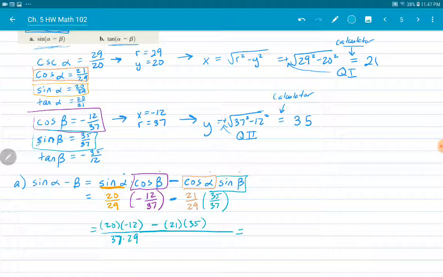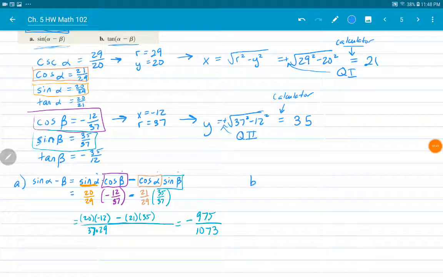So getting my calculator out, I'm going to do the entire numerator first, hit enter, and then divide by the product of 37 and 29. And I get negative 975 over 1073. So that's sine.